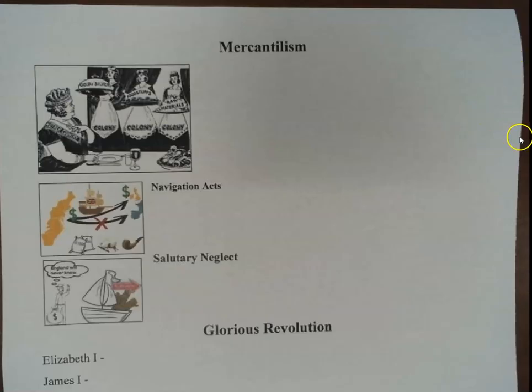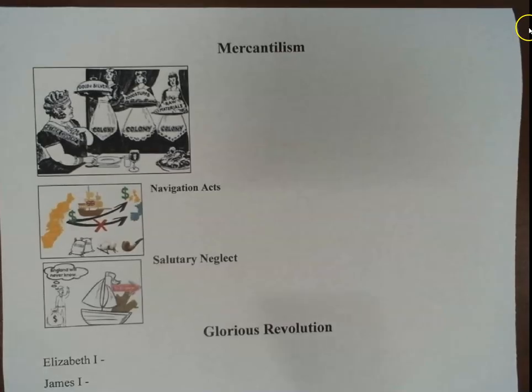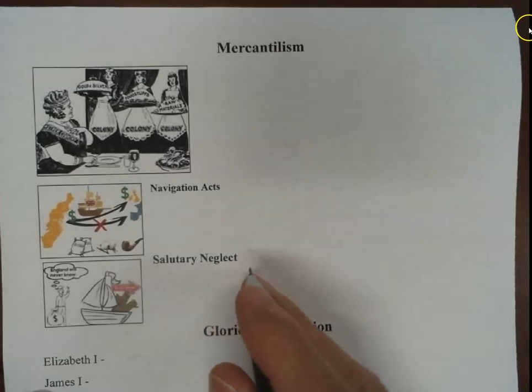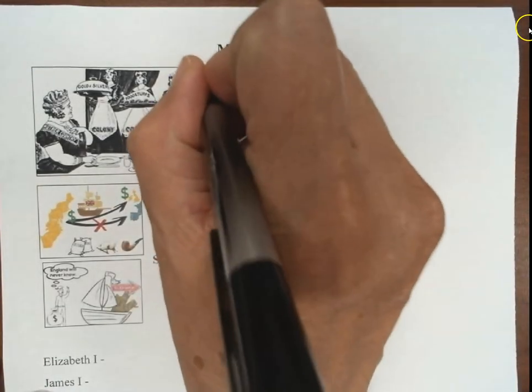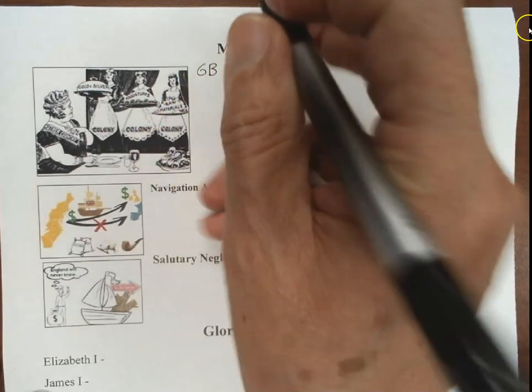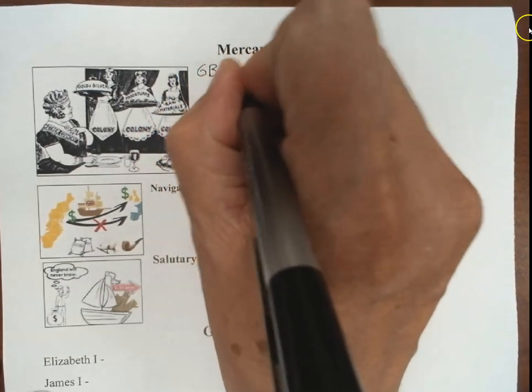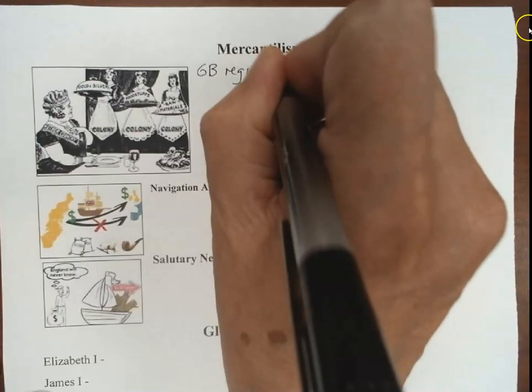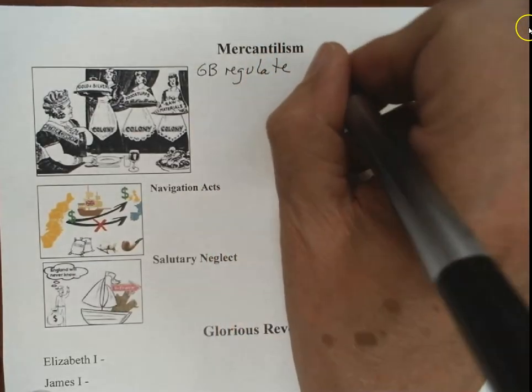All right, so here we go. Mercantilism. What is mercantilism? This is when the government, in this case Great Britain, will regulate trade and production.